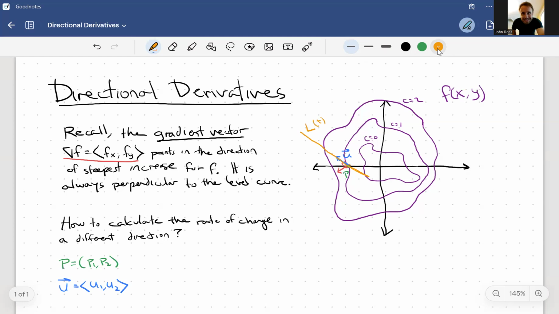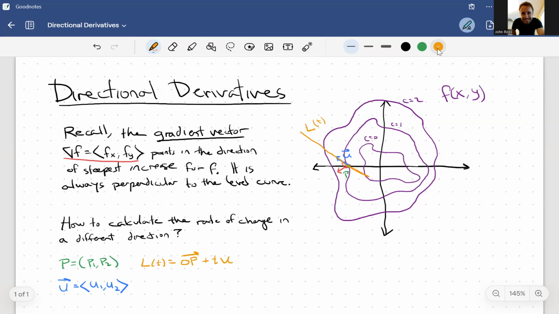And so we already know how to parameterize L of T as a parameterized curve. We could say L of T is equal to, and this was our formula for parameterizing curves, if it goes through the point P, we're going to vectorize the point P by creating the vector from the origin to P plus T times the direction we're moving in.